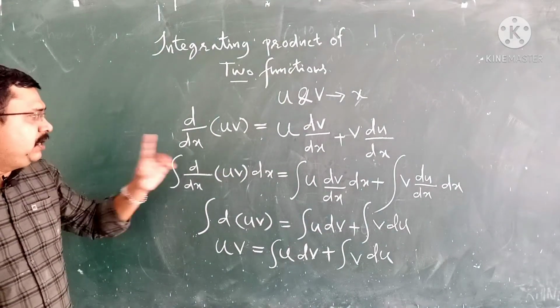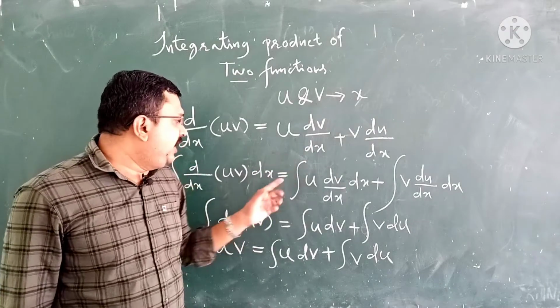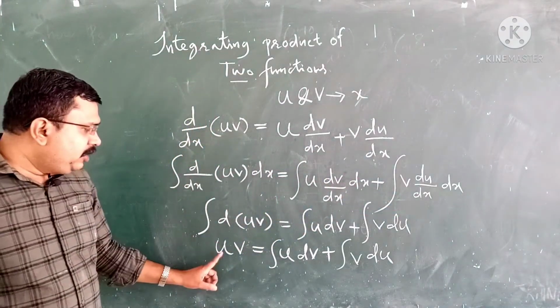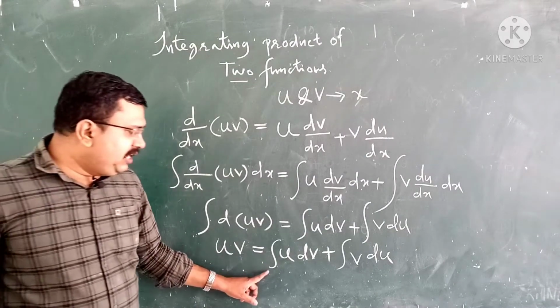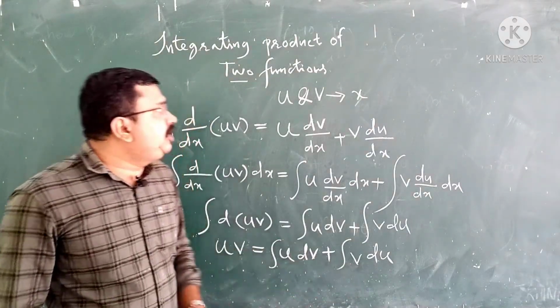Okay, just listen, d by dx of uv, we are applying the product rule, then integrating both sides, then we will get uv is equal to integral of u dv plus integral of v du.